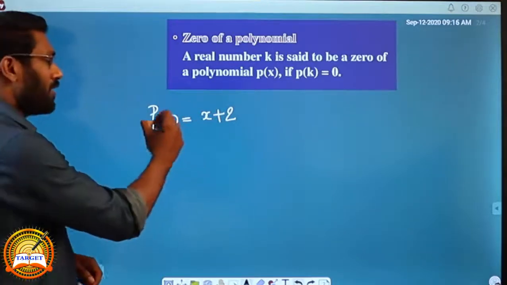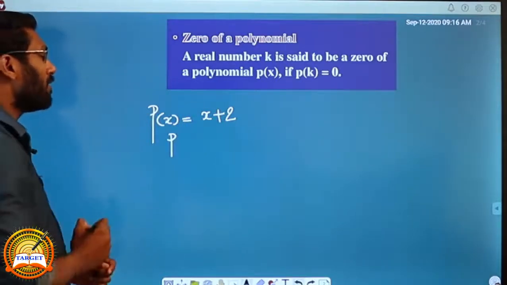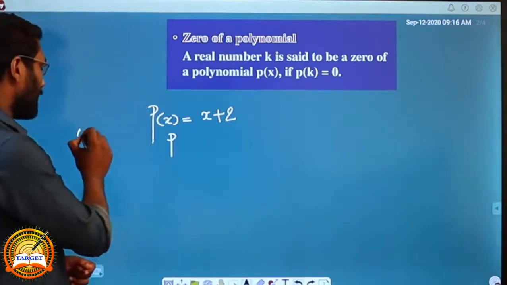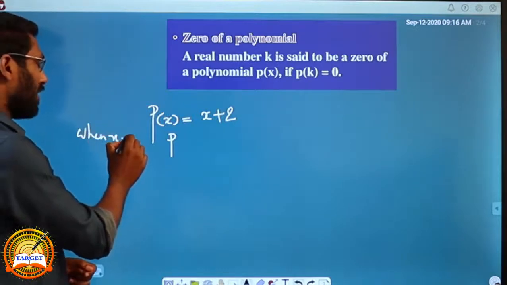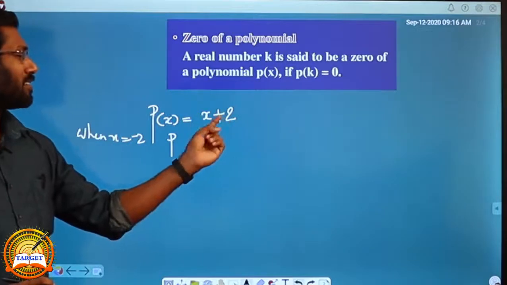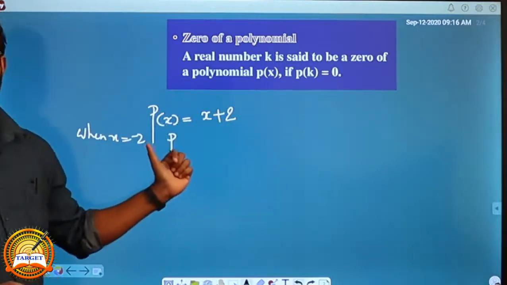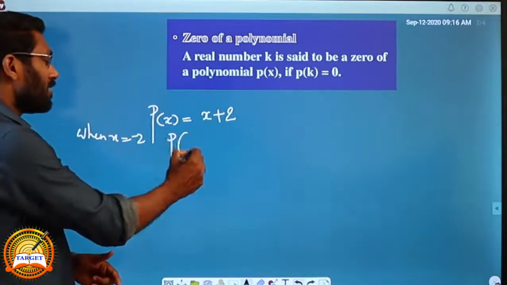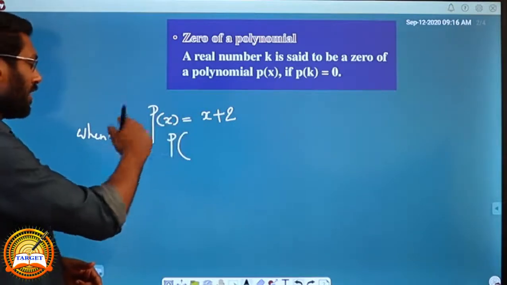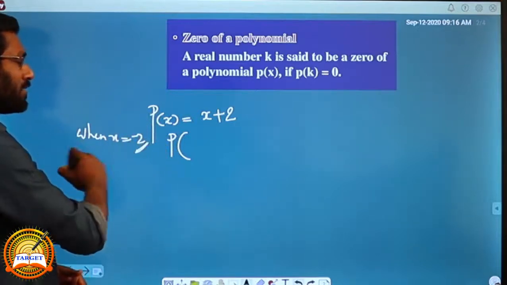For example, I am going to find the value of this polynomial p of x by replacing x as minus 2. Look at it. That means we are going to find the value of this polynomial by replacing x as -2.